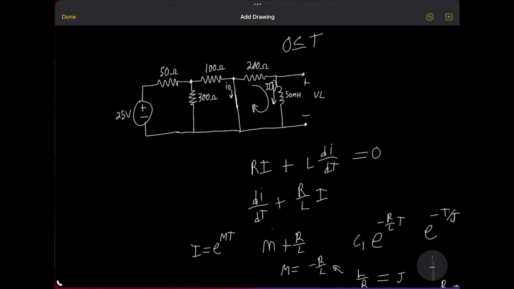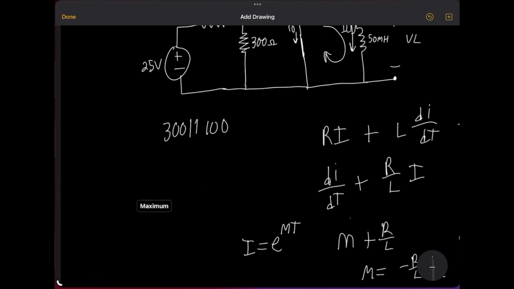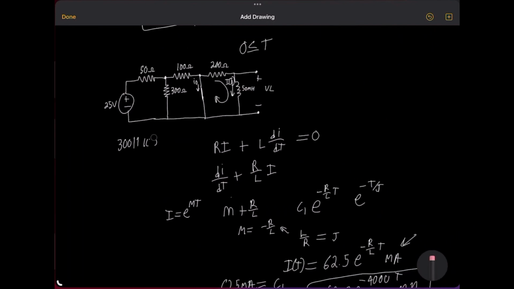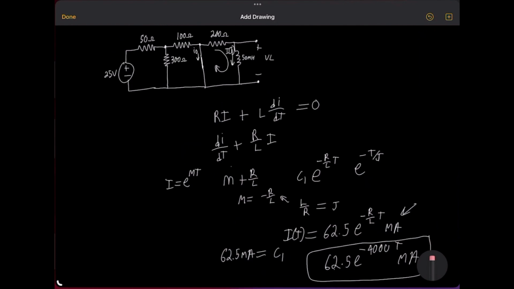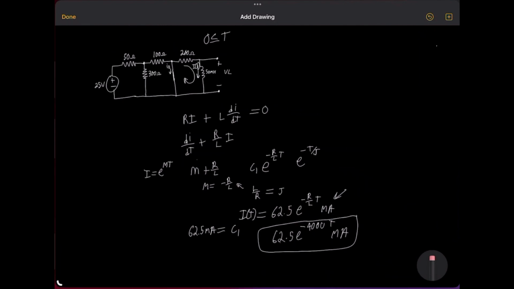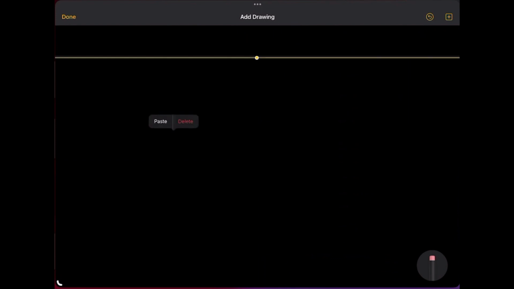We know that I naught for this new circuit is going to be 300 in parallel with that 100 ohm resistor. We have to figure out what I naught is for this new circuit. Let's do this on a whole new blank side.